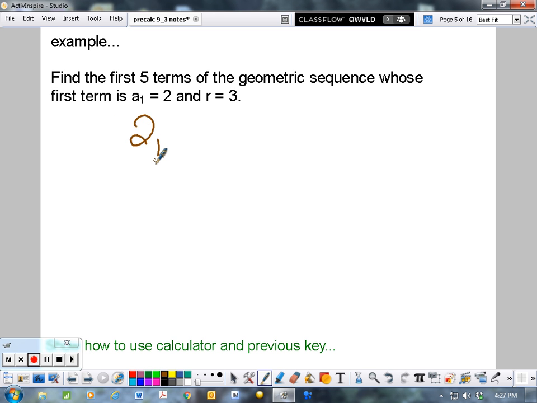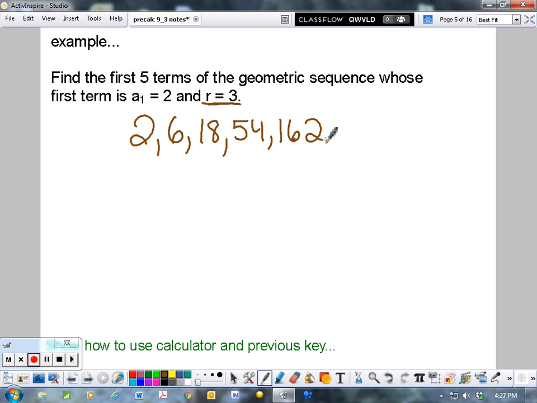And then since my common ratio is 3, I can just keep timesing by 3. So 2 times 3 gives me 6. 6 times 3 gives me 18. 18 times 3 gives me 54. 54 times 3 gives me 162. And there's my first 5 terms.